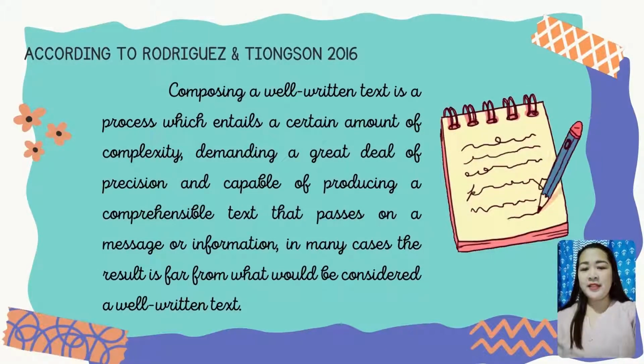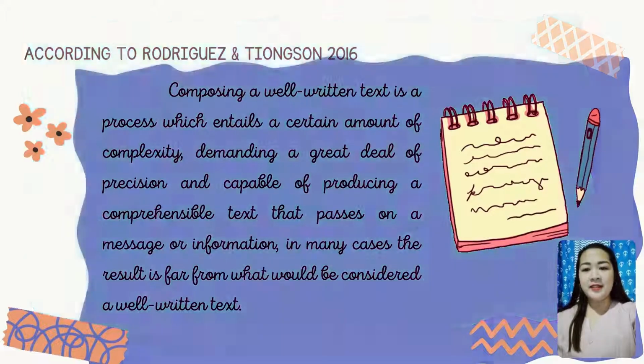According to Rodriguez and Tiongson 2016, composing a well-written text is a process which entails a certain amount of complexity, demanding a great deal of precision, and capable of producing a comprehensible text that passes on a message or information. In many cases, the result is far from what would be considered a well-written text.